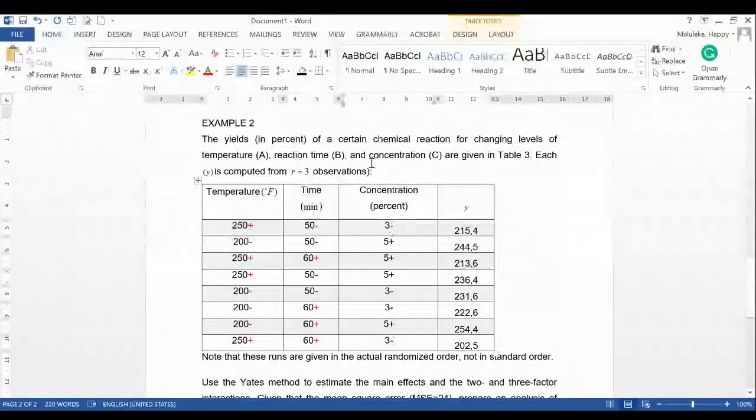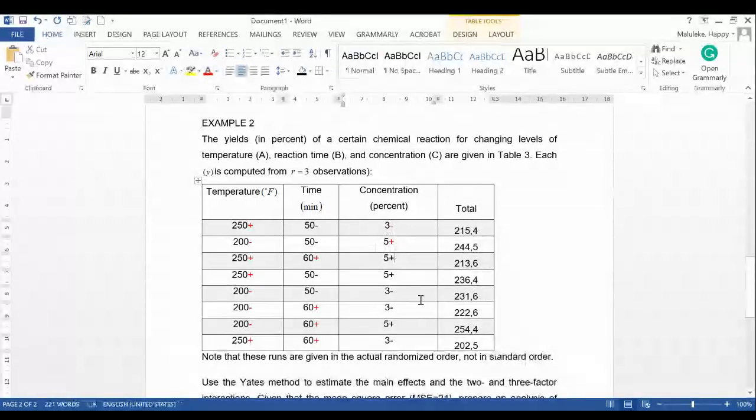So from the question, we are given the total. This is the total of whatever is given here.